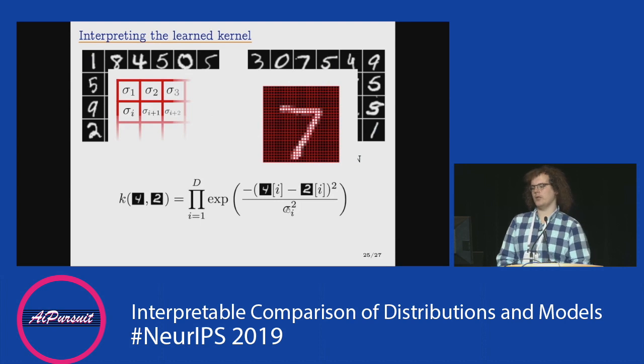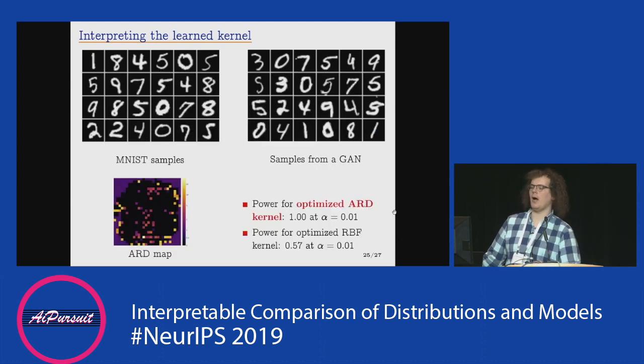If I do that in this case, first of all, I can get a much higher power for this ARD kernel than I do for the RBF kernel, RBF meaning exponentiated quadratic. For a particular sample size, you can get like 100% power for the ARD, where you're only getting like 50-50 power for the regular exponentiated quadratic kernel.